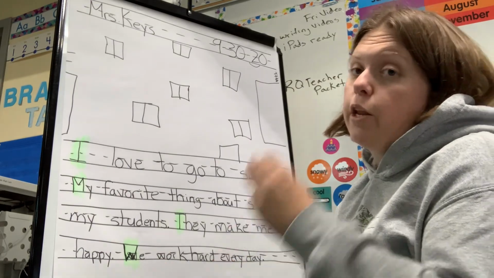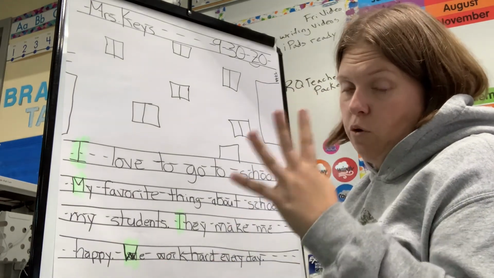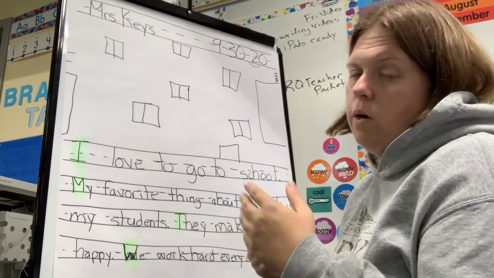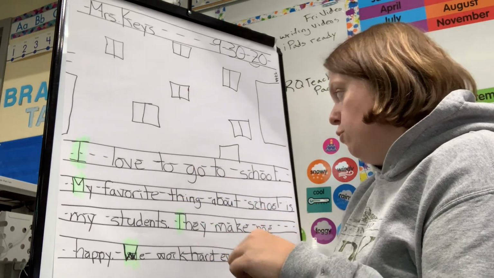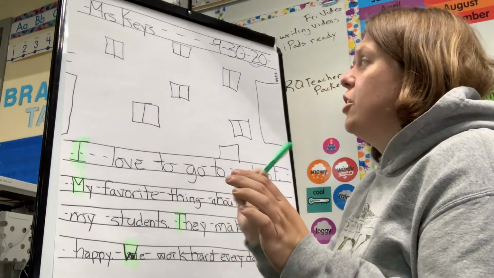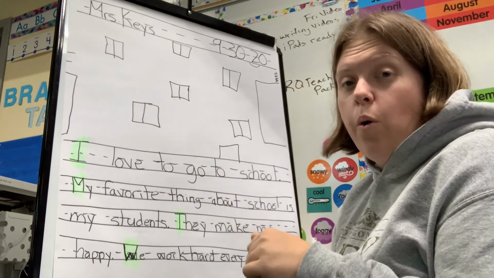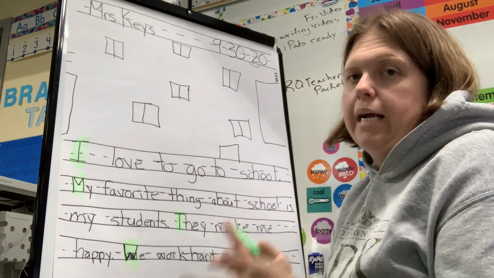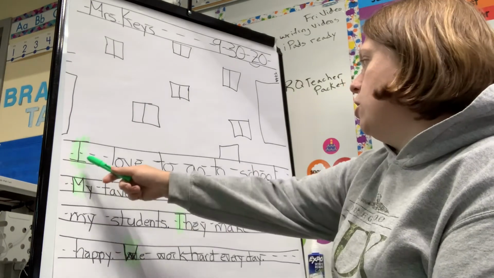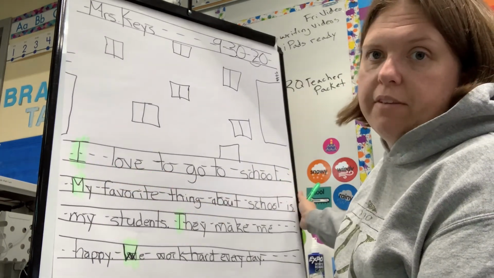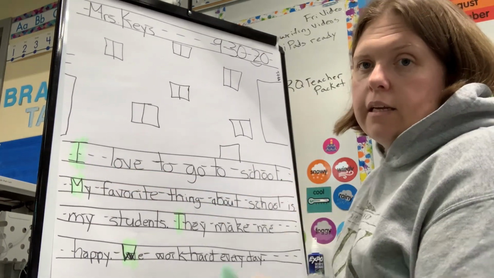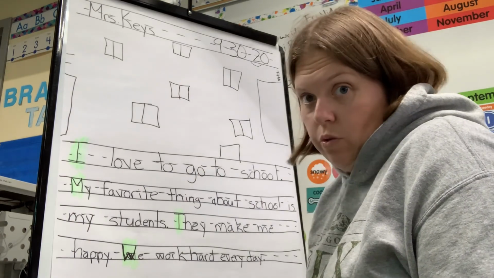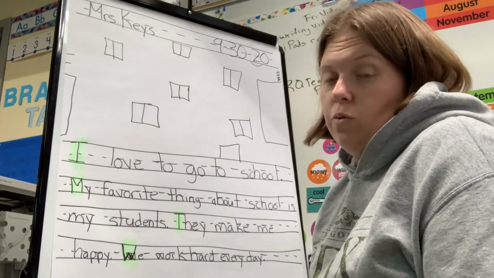I would like you to write 3 to 4 sentences for me. They don't have to be extremely long ones, but 3 to 4 sentences for me. Okay, you're gonna go ahead and write about why you're excited to come back to school. You can even start with, I love to go to school. We can have the same first sentence. Okay, I love to go to school. My friends are at school.